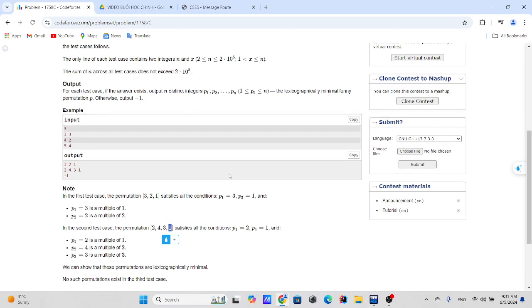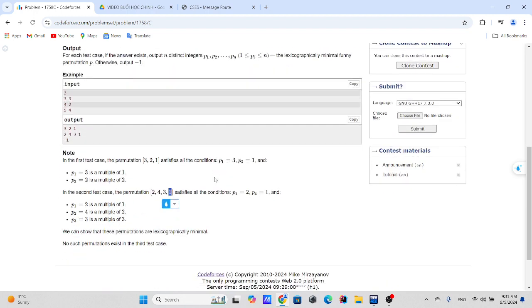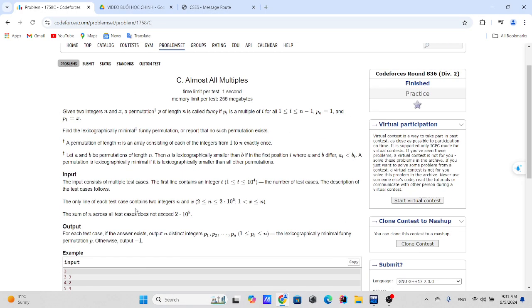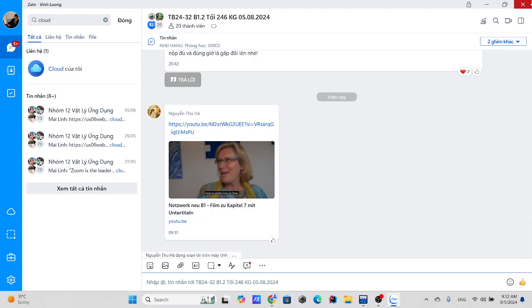Alright, that's understandable. P4, okay. 4 is a multiple of 2, which is a multiple of 1. 2 is a multiple of 1. 4 is a multiple of 2. What do you mean?